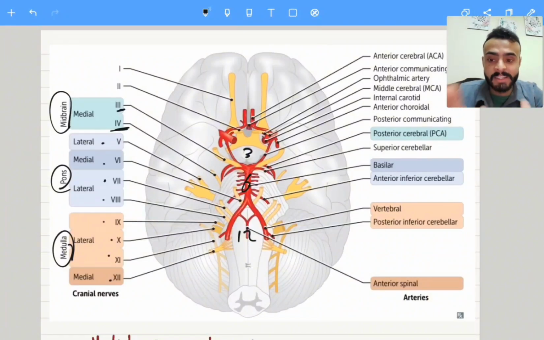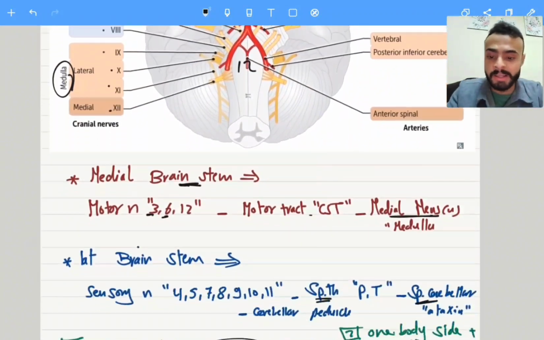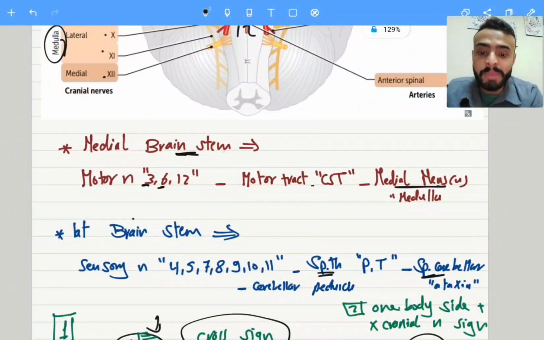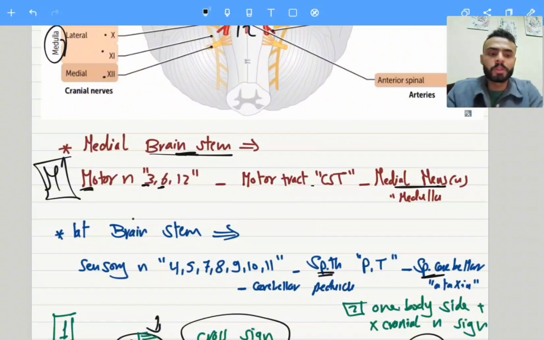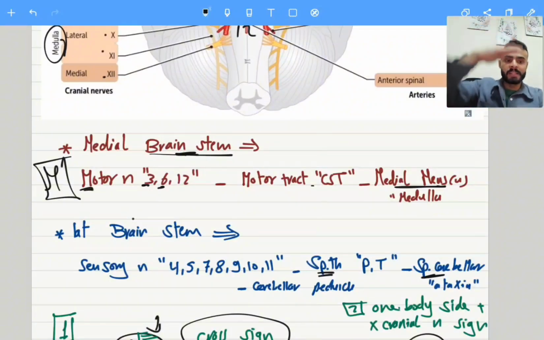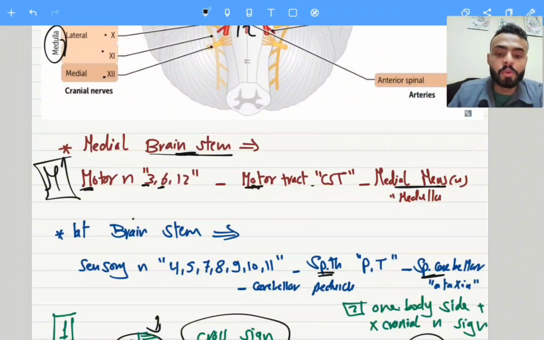So mainly it contains cranial nerves in addition to some other important tracts, as I will illustrate. So look here, medial brainstem, it will contain things with M letter. Motor nerves like 3 in midbrain, 6 in pons, 12 in medulla. Motor tracts or motor fibers coming from the corticospinal tract, and medial lemniscus, especially in medulla specifically, carrying vibration and proprioception.